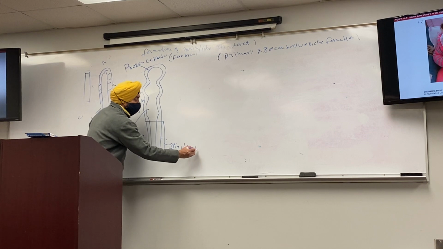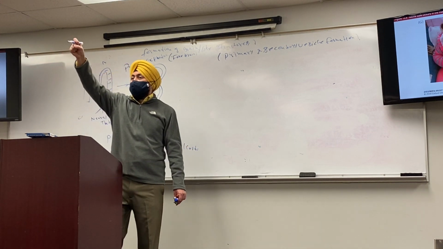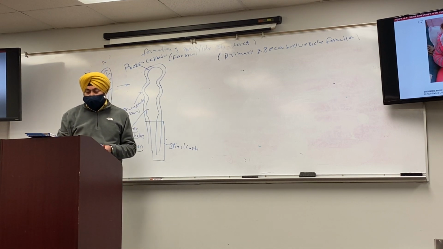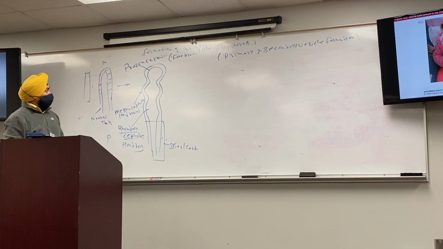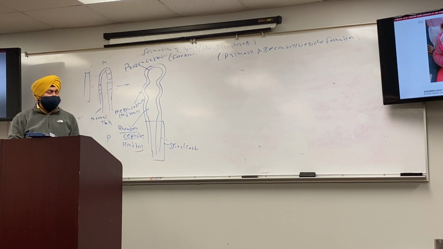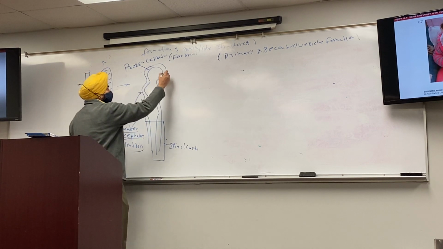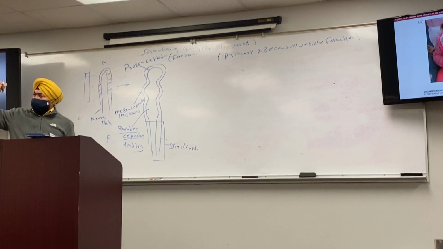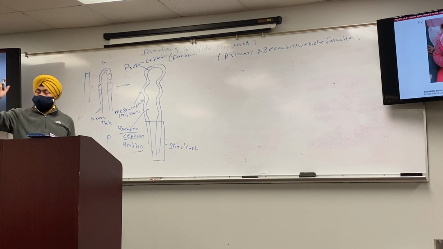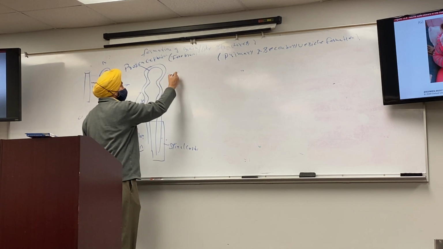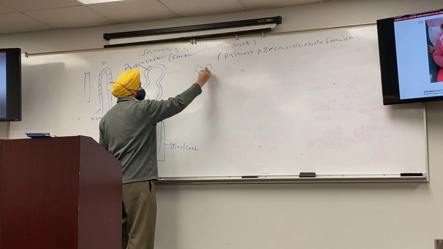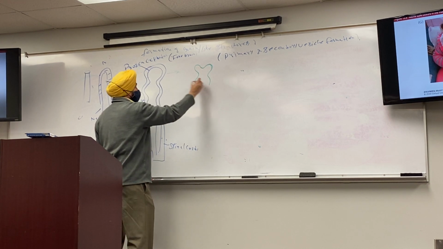Spinal cord is still a tube. Remember, spinal cord is surrounded by the vertebrae. It's still a tube-like structure, right? Now the next step takes place, that this prosencephalon actually divides into two vesicles. A structure like this, and a structure like this.